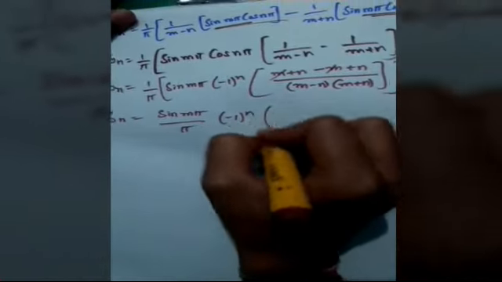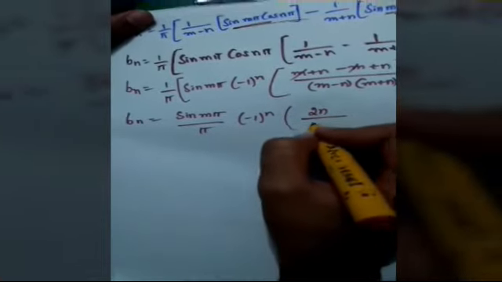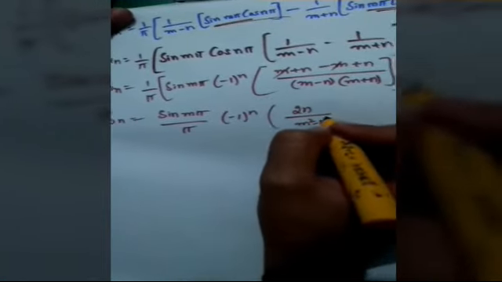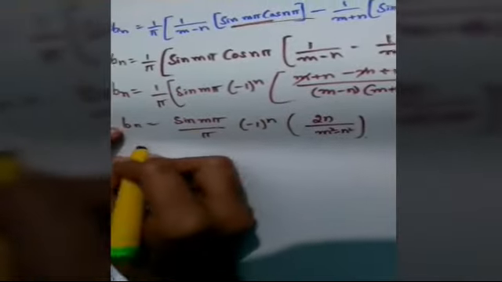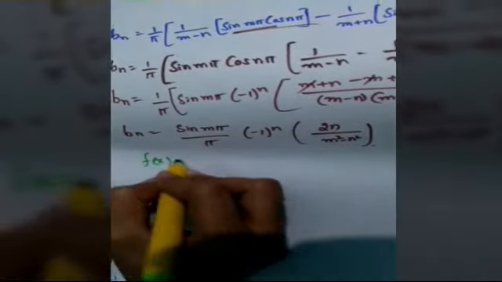That is Bn is equal to sin m pi by pi into minus 1 whole power n, here m cancels, that is 2n by (m square minus n square).